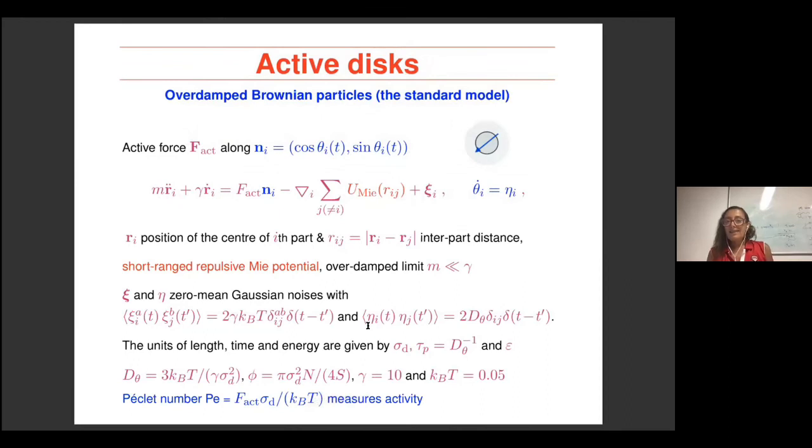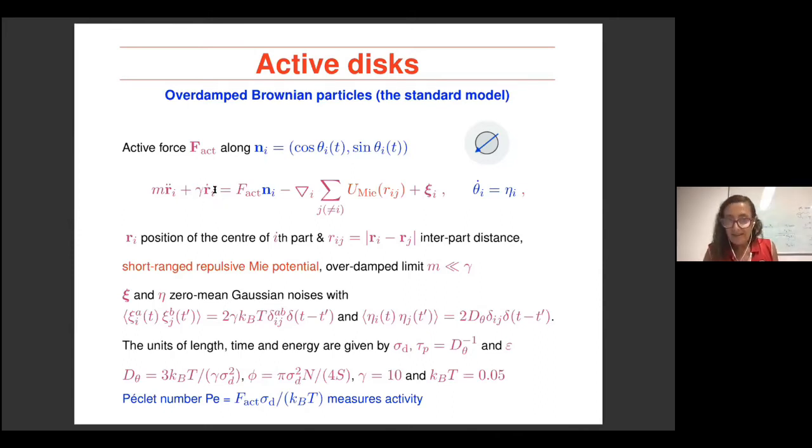So I said that there are Langevin-like equations that are used to model these systems. One of the standard ones is what is called overdamped Brownian particle systems. And the idea is that you write down a Langevin equation. So I keep inertia, but then you can drop it if you want to go to the overdamped limit.